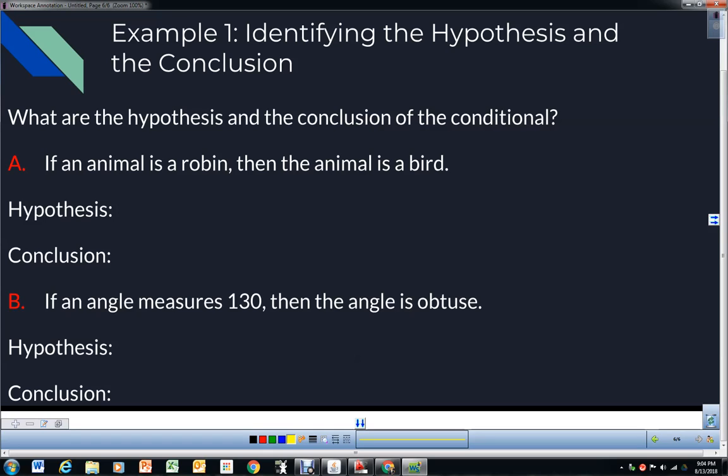Remember, the hypothesis is our if. So we're going to put down here what follows the word if. So here's if, and then we're also looking for the keyword then. So an animal is a robin. So hypothesis, an animal is a robin. The conclusion, the animal is a bird.